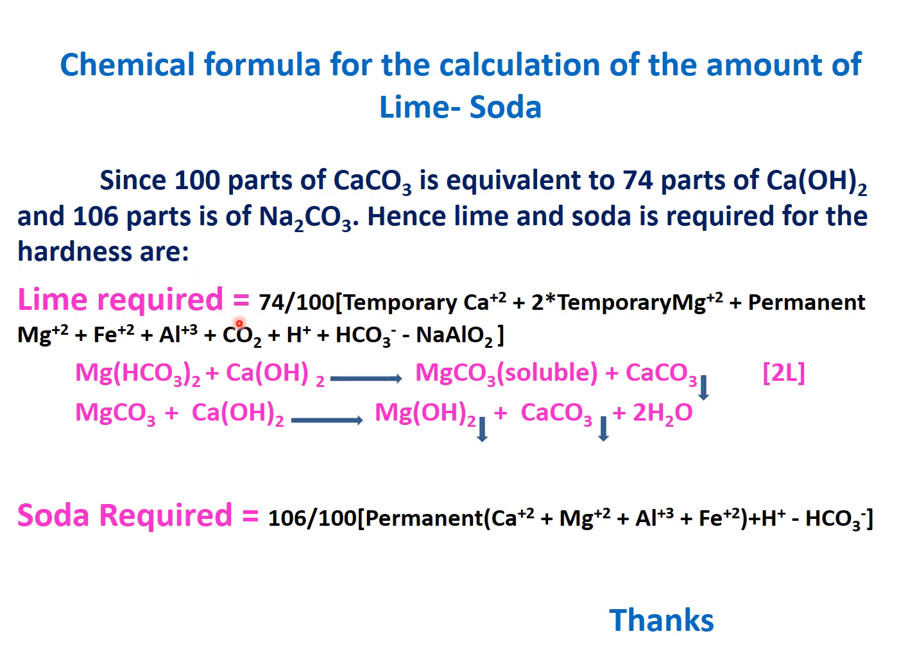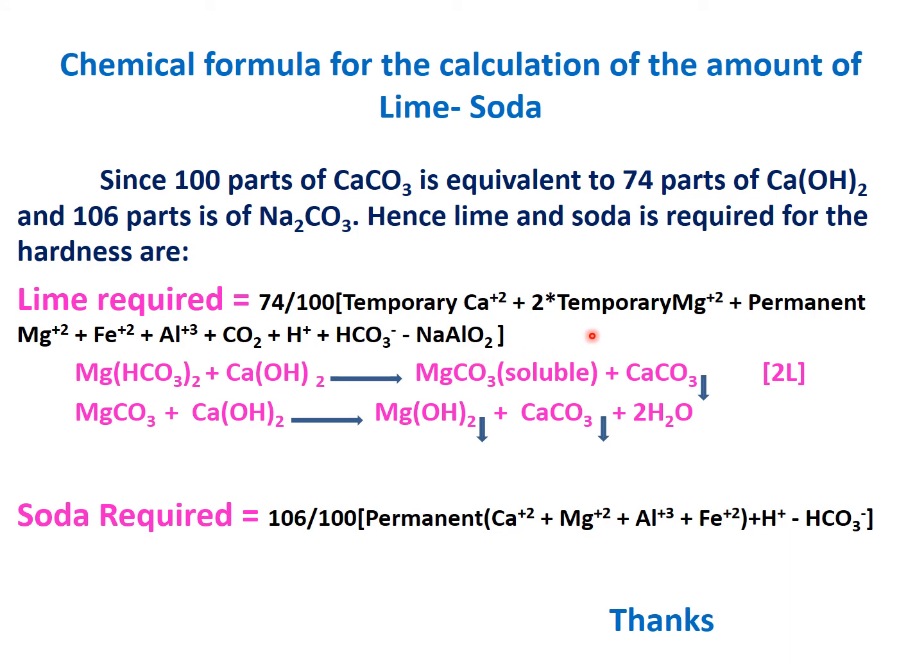For lime required, we calculate according to this formula: 74 by 100 multiplied by temporary calcium plus 2 times temporary magnesium hardness plus permanent hardness causing salts of magnesium, Fe2+, aluminum 3+, whatever is present, plus CO2 if present, H+ ion, bicarbonate, minus NaAlO2.